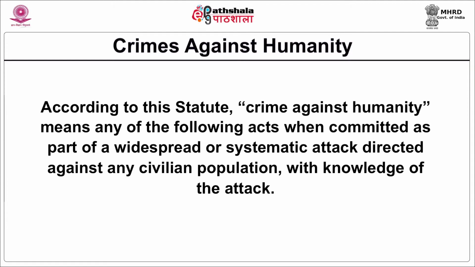A widespread or systematic attack directed against any civilian population with knowledge of the attack.